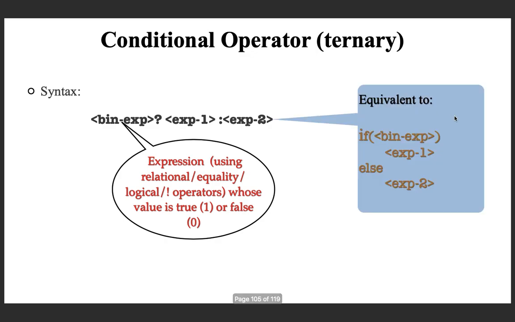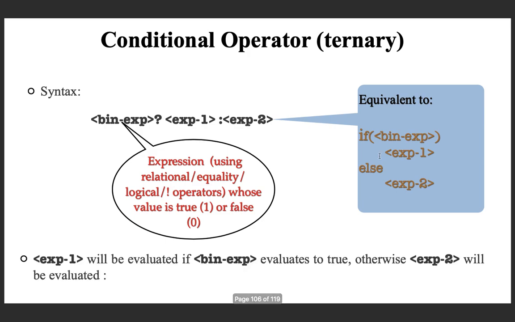So, it is actually equivalent to this if-else statement. If this binary expression, then execute expression 1, else execute expression 2. So, it is up to you. You can either go for the conditional operator, or you can just use if-else. Expression 1 will be executed if this evaluates to true, otherwise expression 2 will be evaluated.